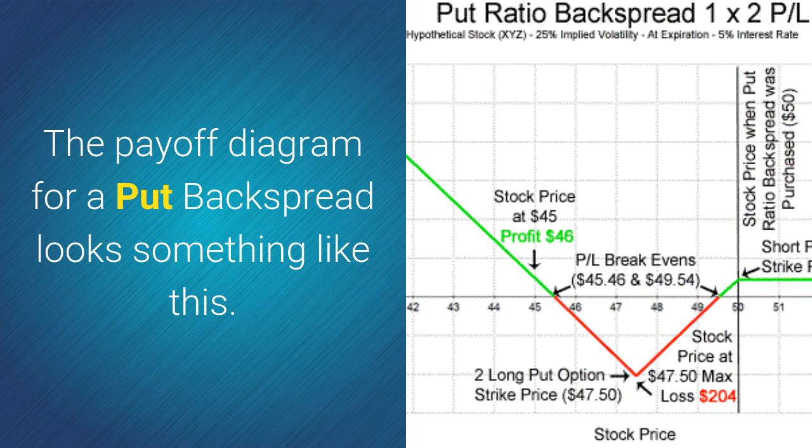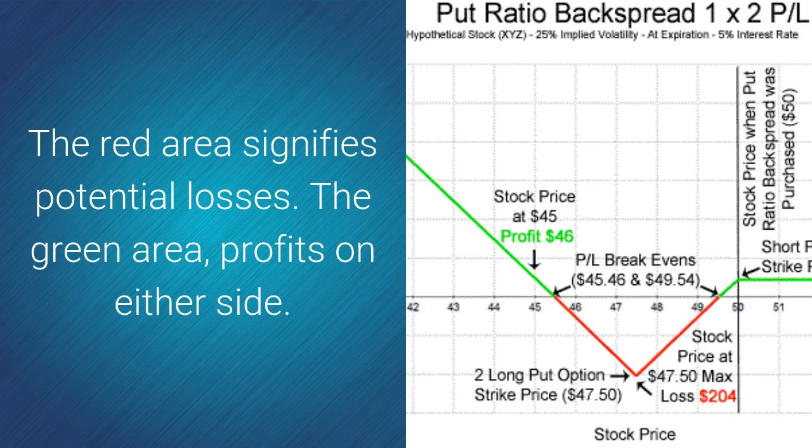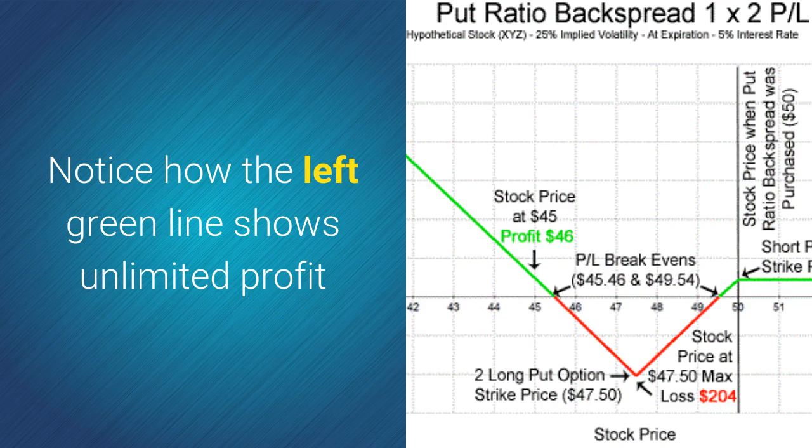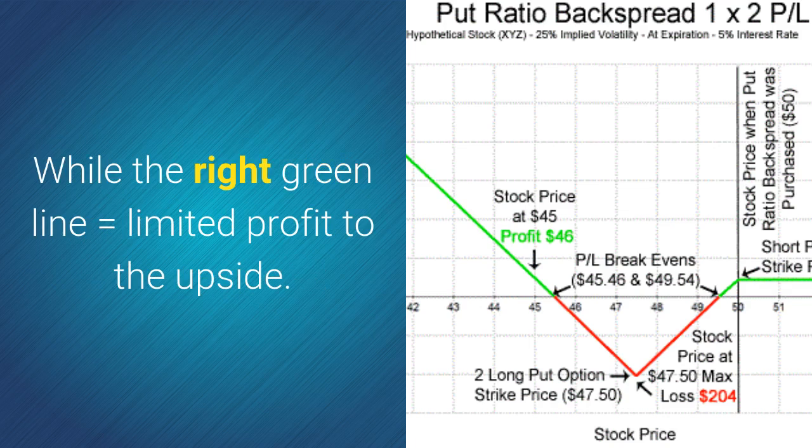The payoff diagram for a put backspread looks something like this. The red area signifies potential losses. The green area, profits on either side. Notice how the left green line shows unlimited profit, while the right green line points to limited profit to the upside.